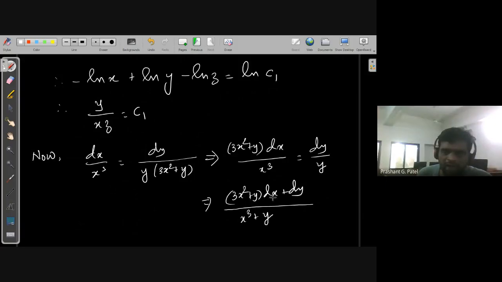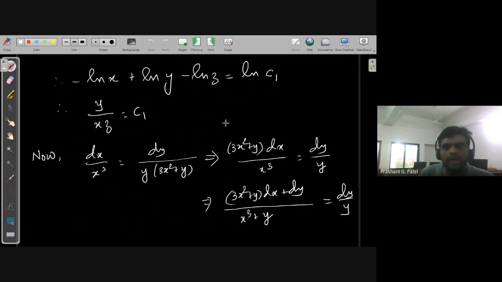So y dx is there, so I need to add x dy here to do this next calculation, because dy by dx is already there. So multiply x here and add it here, so that we can integrate this quantity.